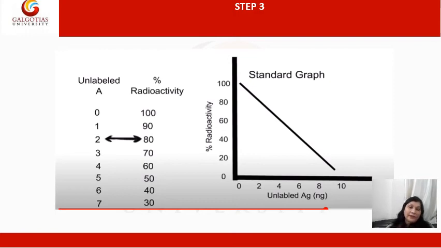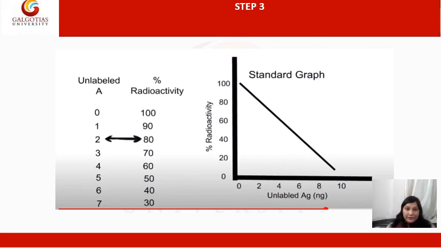Again we will perform the same step by increasing the amount of unlabeled antigen in the solution, and remember that we have to perform this experiment on microtiter plates of 100% radioactivity, meaning we need approximately 10 microtiter plates, right? So now what will we do?